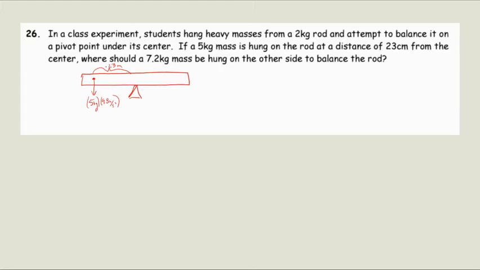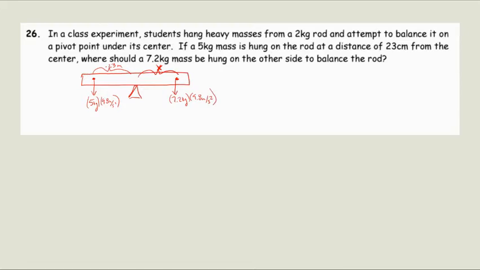That's going to be the force going down. Then we need to figure out what our x value is. Our x value is going to be for a 7.2-kilogram mass times 9.8, and for it to be able to balance.